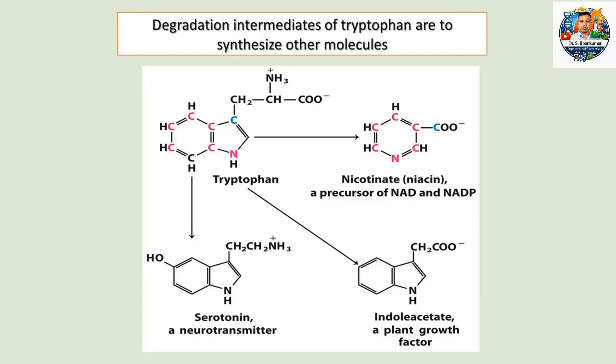But some of the amino acids are degraded to be used for the synthesis of various active molecules. For example, here tryptophan is a precursor of serotonin, which is a neurotransmitter. We will come to know what neurotransmitters are in fourth semester.